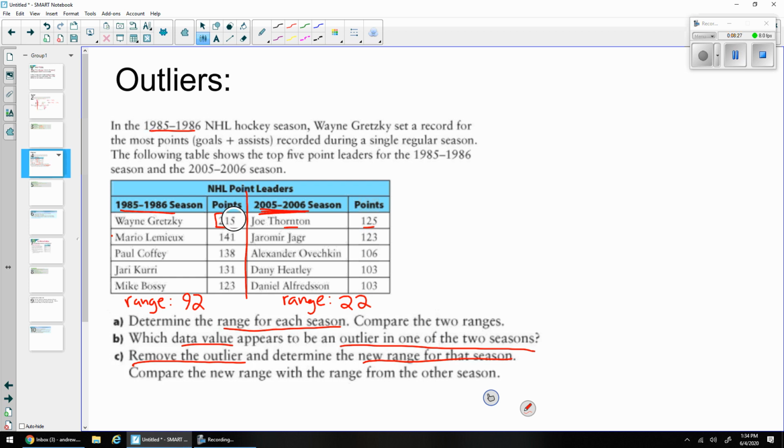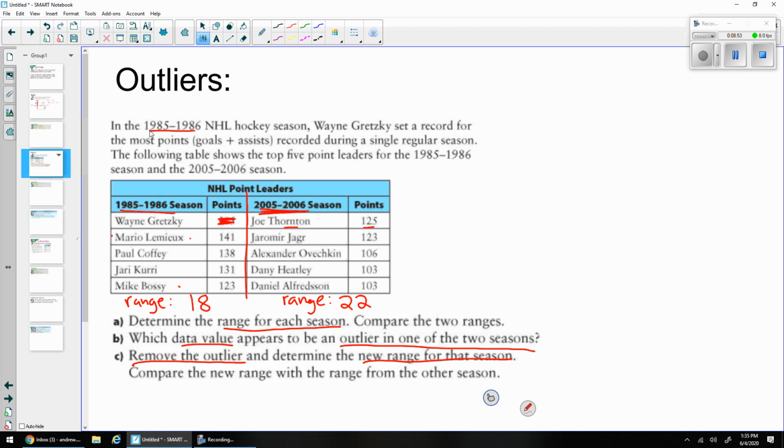So let's say we took away his 215. Now what would the range be between Mario Lemieux and Mike Bossy? Well, 141 minus 123 gives us a range of 18. And now we see, when that outlier is removed, that the ranges are much closer together.